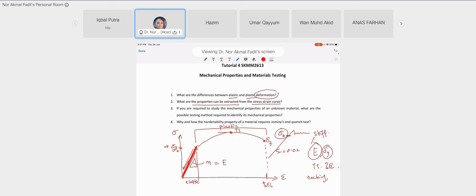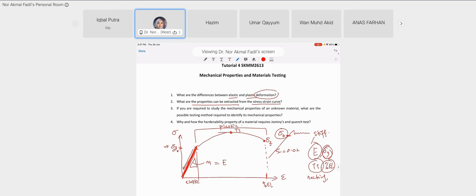High strength means that it won't deform permanently. We don't look at the elastic limit, but we look at the yield strength specifically. And what else? Ductility, ultimate strength, tensile strength, and also the ductility.